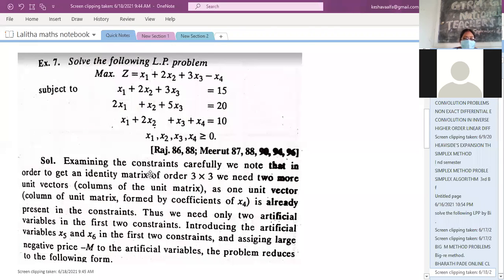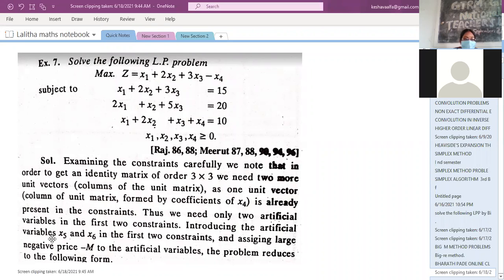Examine the constraints carefully. To get an identity matrix of 3 by 3, we need two more unit vectors, as one unit vector is already present in the constraints. Thus, we need only two artificial variables in the first two constraints.